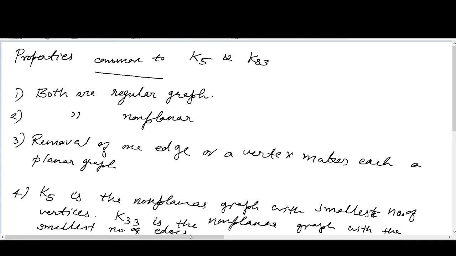Thus, both are the simplest non-planar graphs. So, what are the simplest non-planar graphs? The simplest non-planar graphs are K5 and K33. K5 is the non-planar graph with the smallest number of vertices and K33 is the non-planar graph with the smallest number of edges. These are the properties common to K5 and K33.